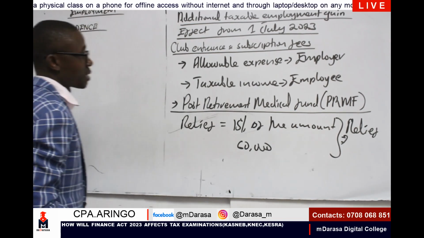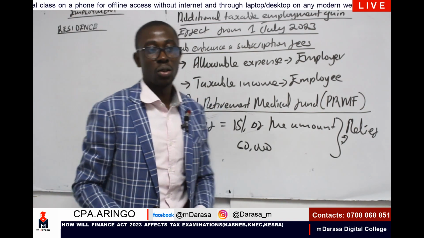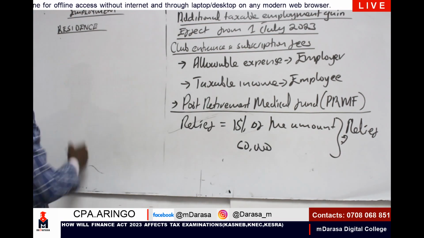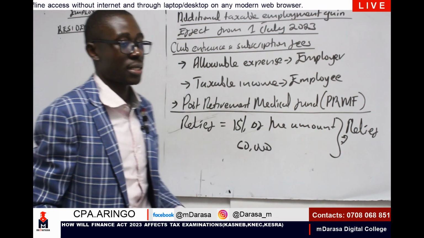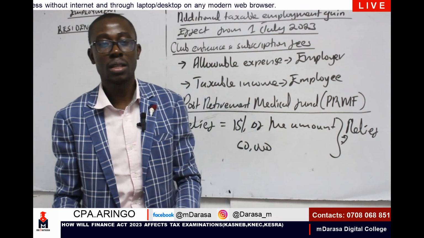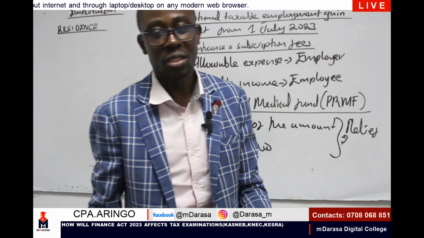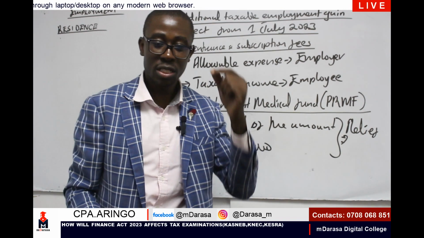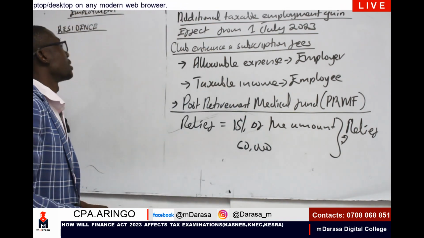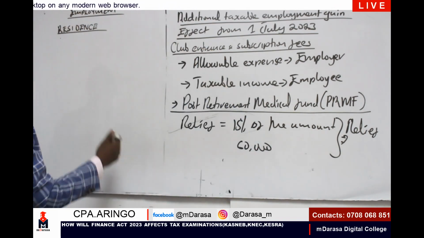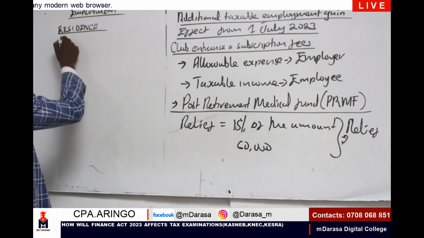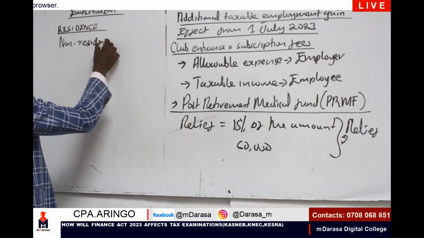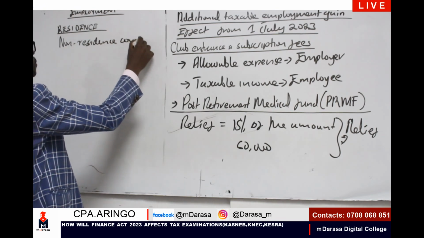Talking about residence, I know we have the concept of resident and non-resident, whereby this is just a status that is granted to either individuals or corporates for tax purposes, right? So in this case, what we will be looking at in terms of residence is specifically the non-resident company.